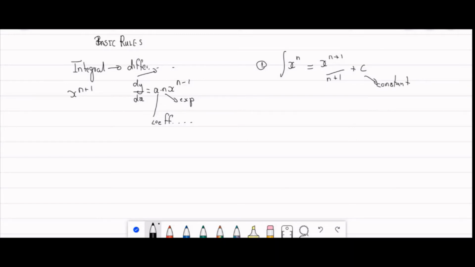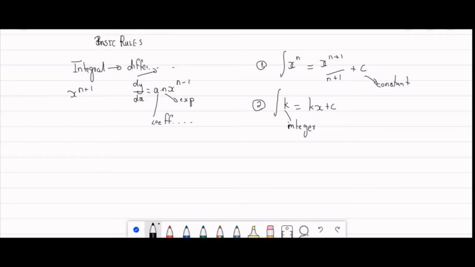Then let's look at the second rule. The second rule says that if I have the integral of k, where k is a constant, then when we integrate a constant we get k multiplied by x plus c. Someone will ask why we put x.